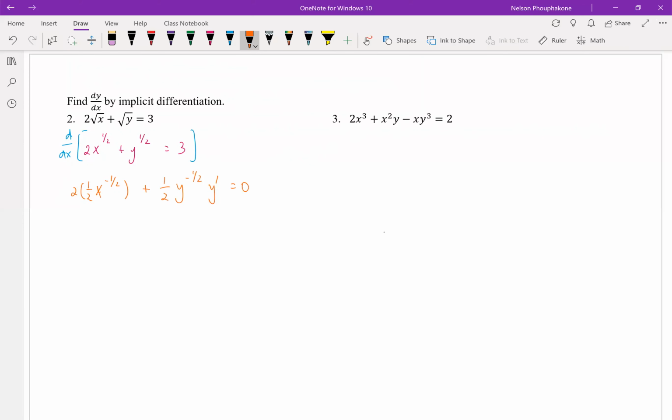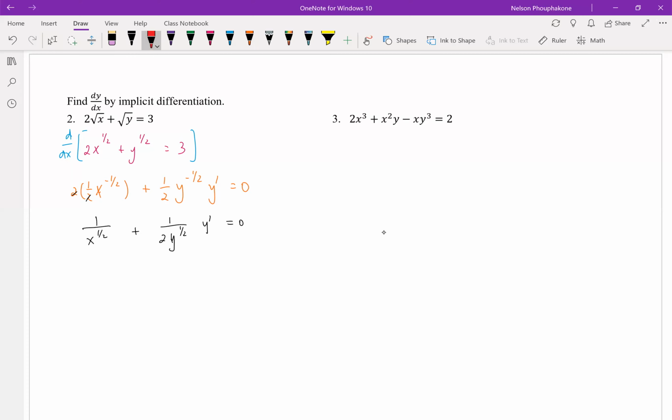Now we are going to simplify this. I will have x to the negative 1/2 plus, let me write it like this, 1 over 2 y to the 1/2 times y prime equals 0. Again, we are going to solve for y prime.